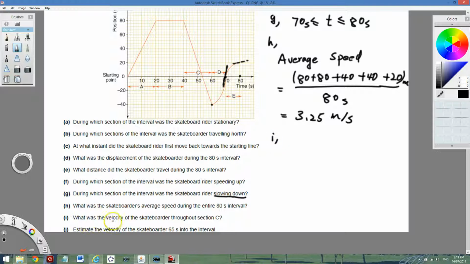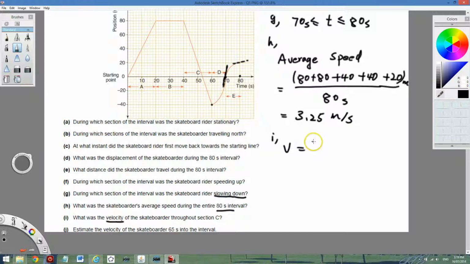Question I, we need to find the velocity. We need to find the velocity during the first 80 seconds.